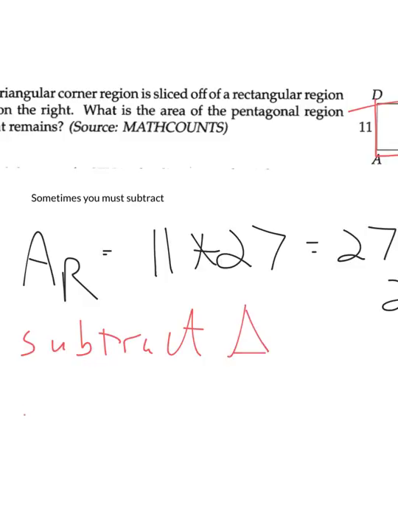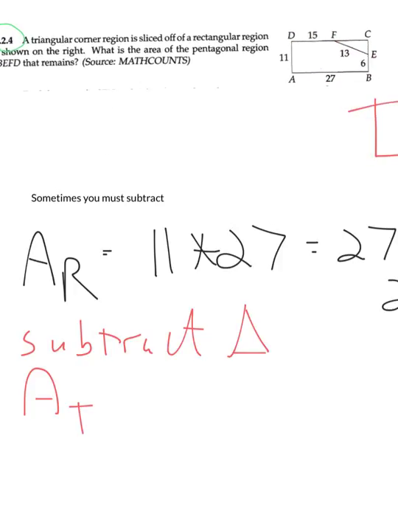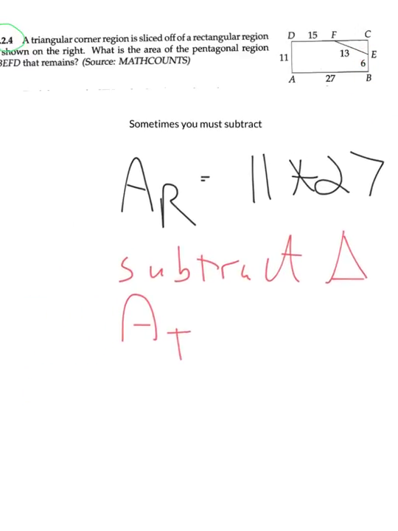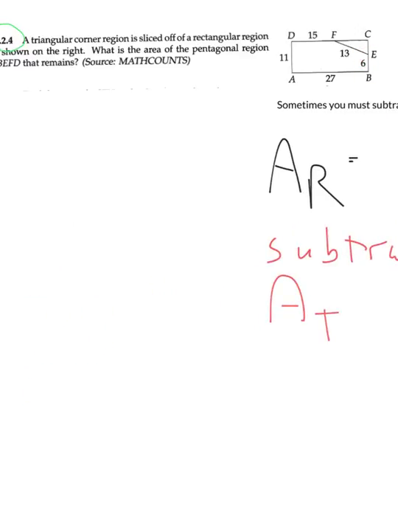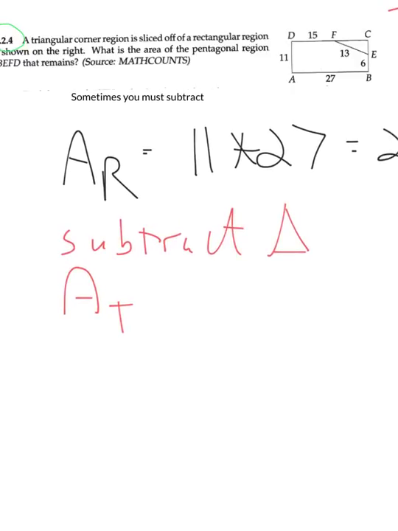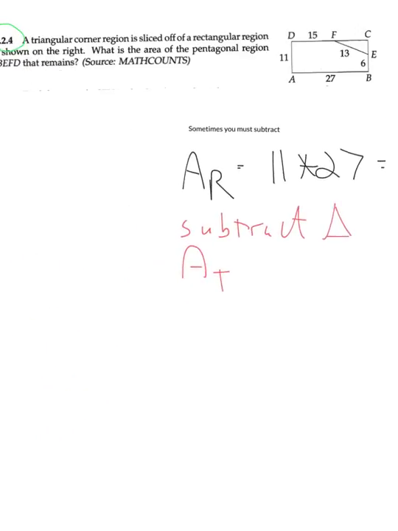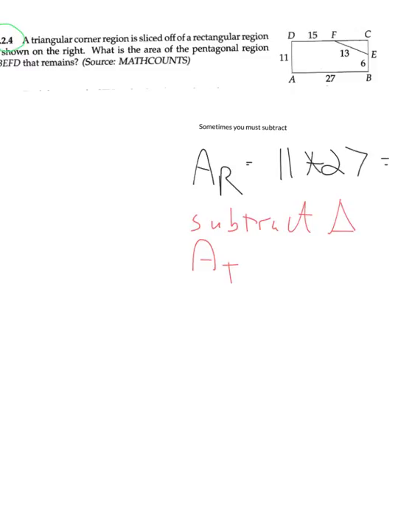Well, what's the area of the triangle? What is it going to be? So we look at this triangle again, and look at the area of the triangle, and we say, it looks like we can figure it out.